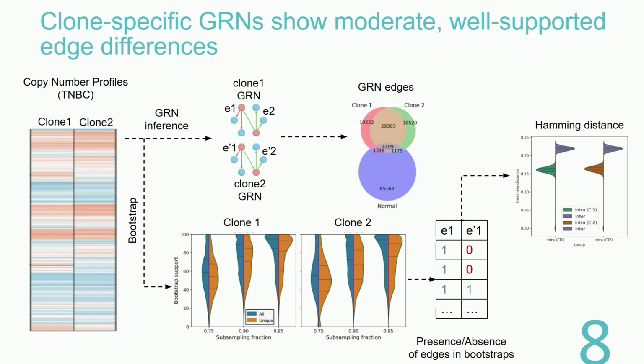That allows us to identify distances between intertumor and intratumor. And what we could see is a larger intertumor difference in comparison to intratumor differences, which hints at this idea that GRNs are able to capture global differences across clones and tumors.